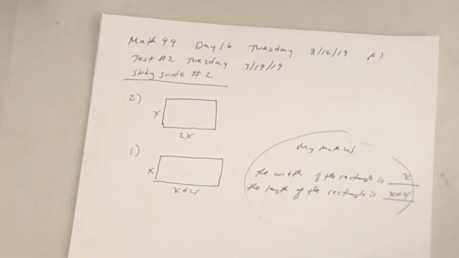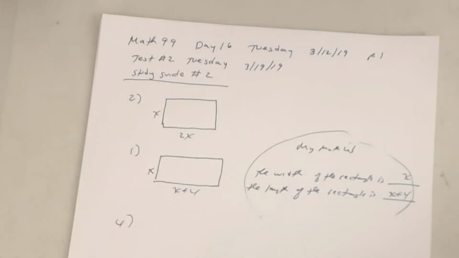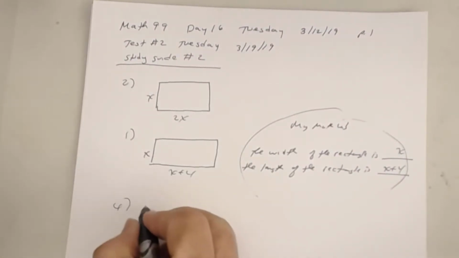Okay, now let's look at number 4. Same thing. You're going to let x represent the unknown here. In number 4, you're told that you have what kind of integers? 2 consecutive even integers. So you're going to let x equal the first.